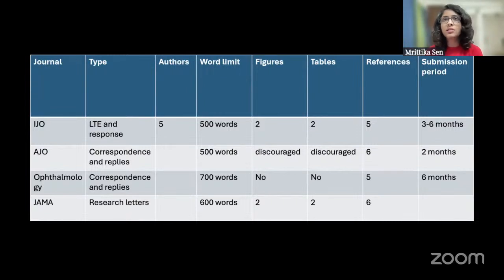Most journals discourage figures and tables within a correspondence unless it is a new idea or a perspective which is being presented. References should also be limited and should be updated or newer references, maximum up to 5 to 6. And it should be within the time frame of the published article. Usually it varies between 2 to 6 months.